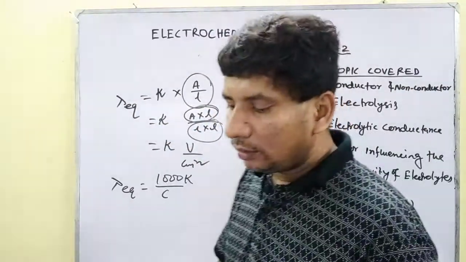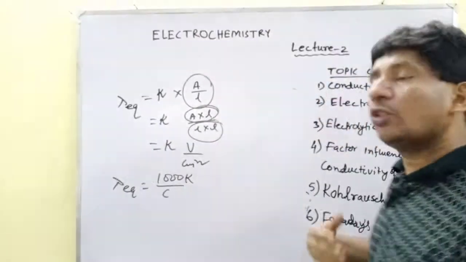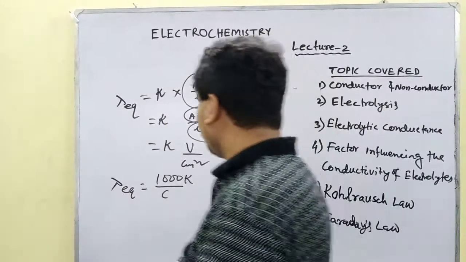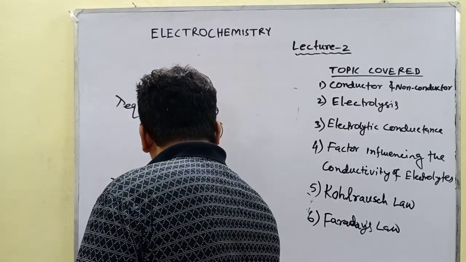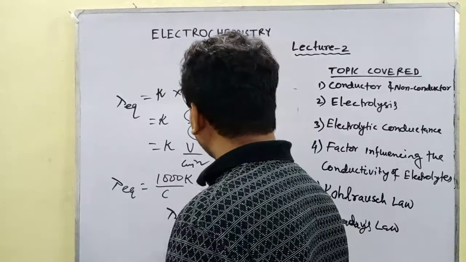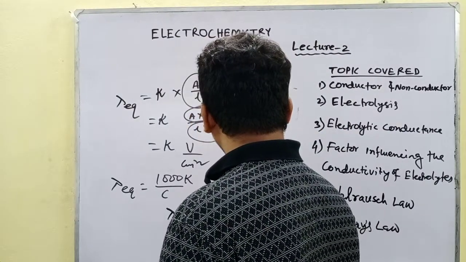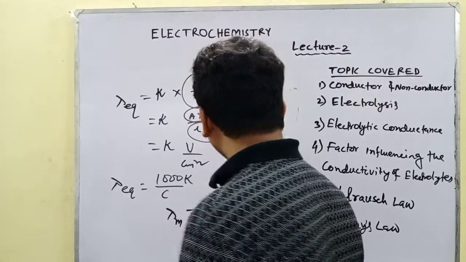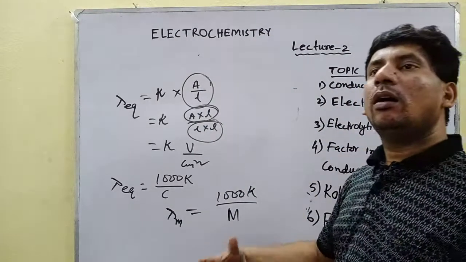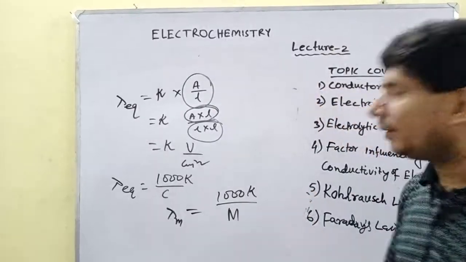And when the solution is molar solution, then lambda molar, that is molar conductance, equals 1000 kappa by M, that is molar solution. In this way, that's M moles per liter.